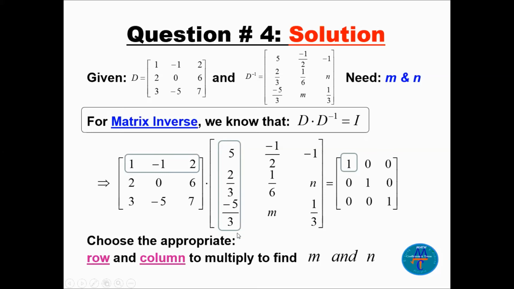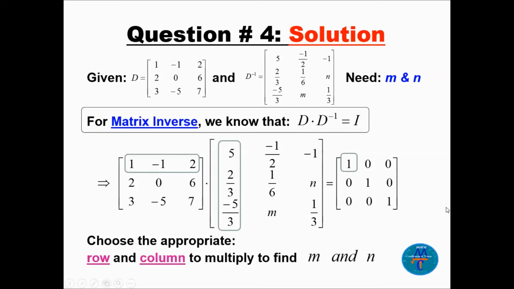But I need m and n. So what do we do? You find appropriate rows and columns. So I can take maybe row 1, column 2. So this number will be 0 there.